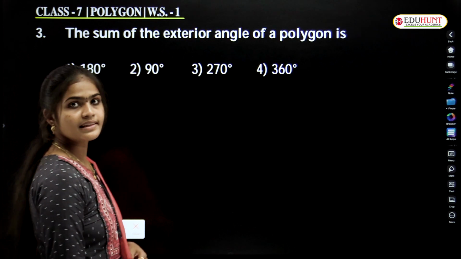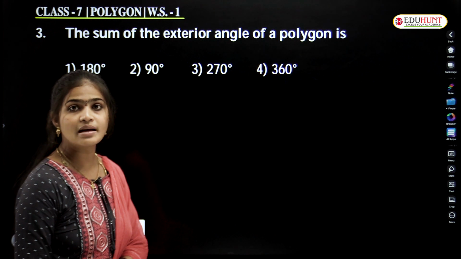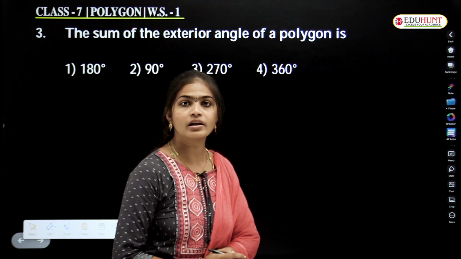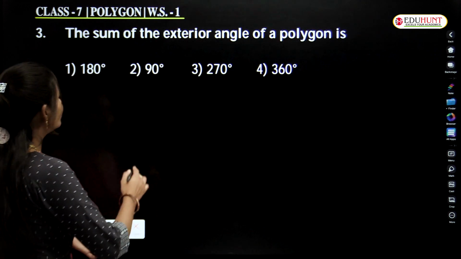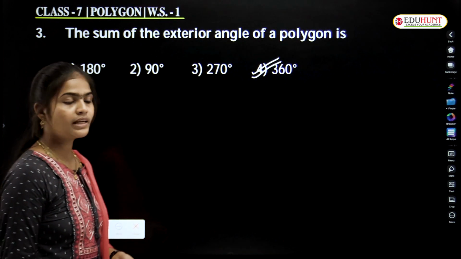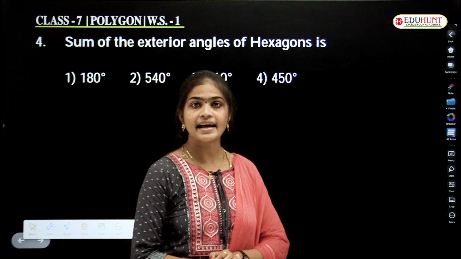Next, the third one: the sum of the exterior angles of a polygon. All the exterior angles sum is equal to 360 degrees. That is also a direct formula. Next one, the sum of the exterior angles of a hexagon.